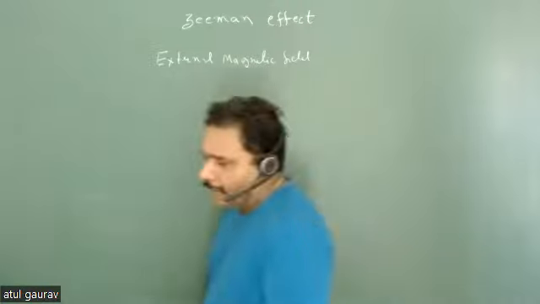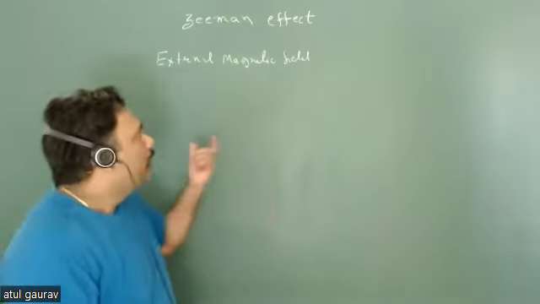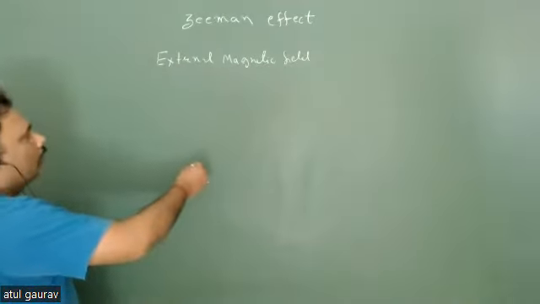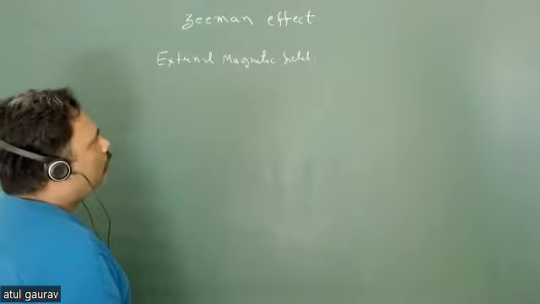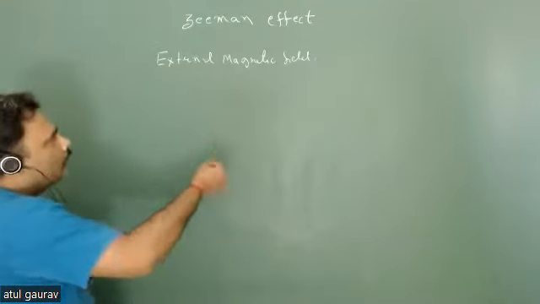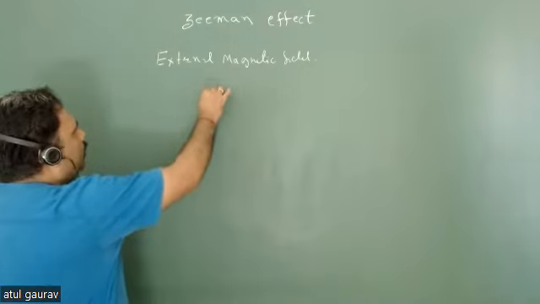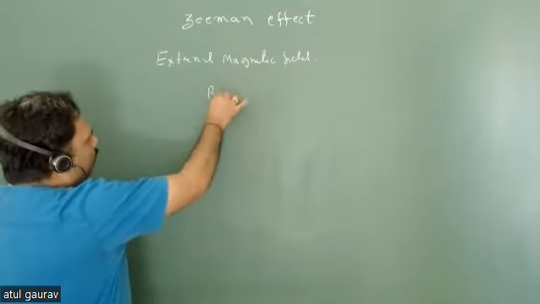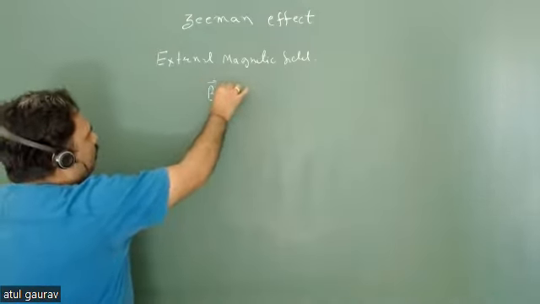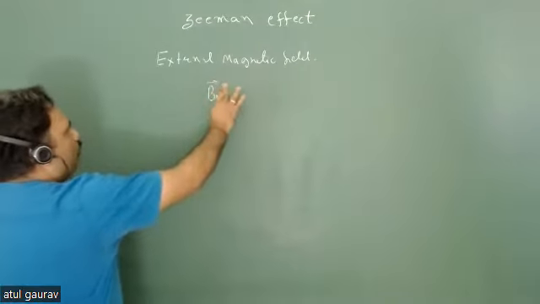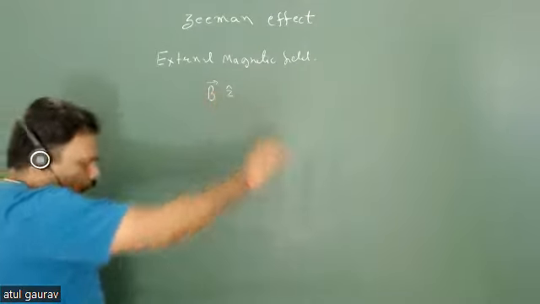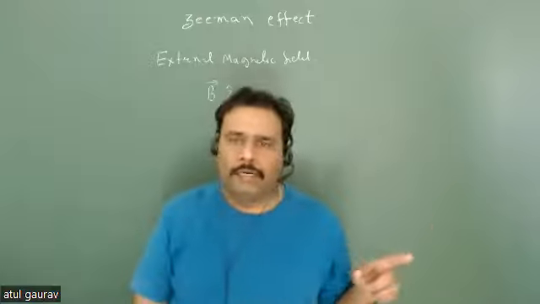So we have an electron, and this electron is going to interact with some external magnetic field, let's say B. And we deliberately say that B is in the z-cap direction. I will also discuss what happens when B is in any arbitrary direction.